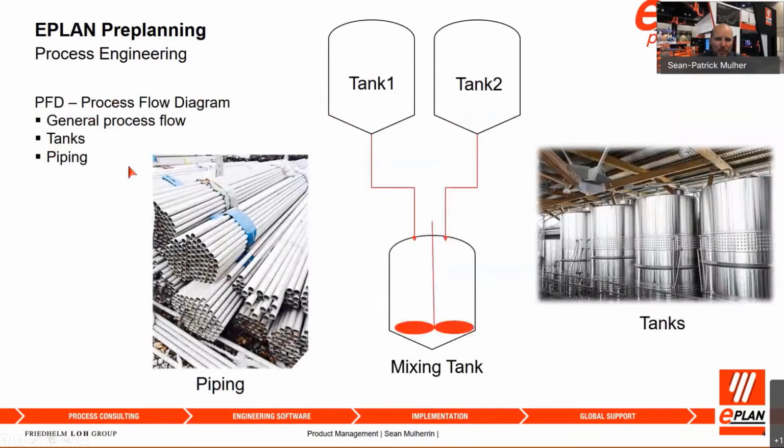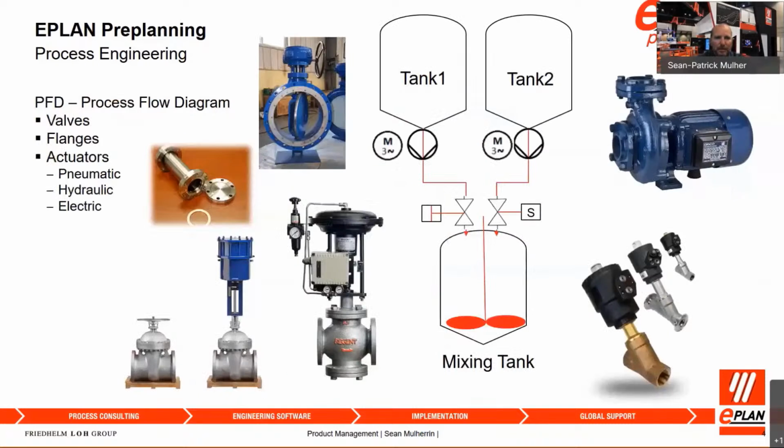Pre-planning can help you capture right up front all of your elements for process flow diagrams, such as define your tanks, all of the parameters associated with those tanks, identify what type of tanks you have, as well as the piping between those tanks to carry the various substances from the different mixing and processing tanks. Then you can capture all of your actuators, which are the devices that help you to carry the substance from one tank to another, such as your pumps, as well as your valves.